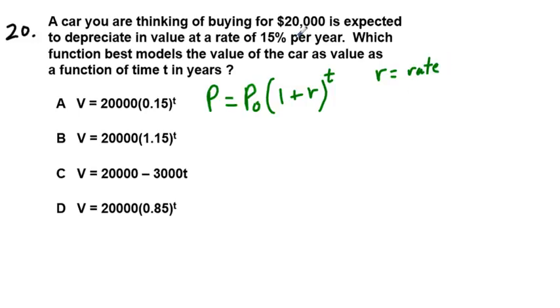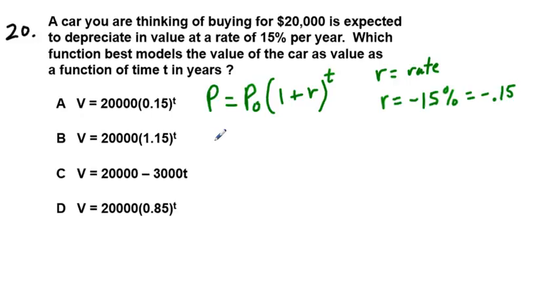If we're going to depreciate in value, the basic formula is 1 plus r. So in this case, r is going to be depreciating at 15% per year. We're going to make r negative 15%, which in decimalized form is negative 0.15.